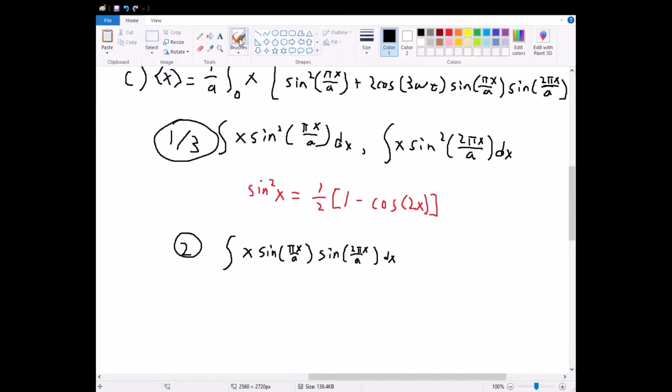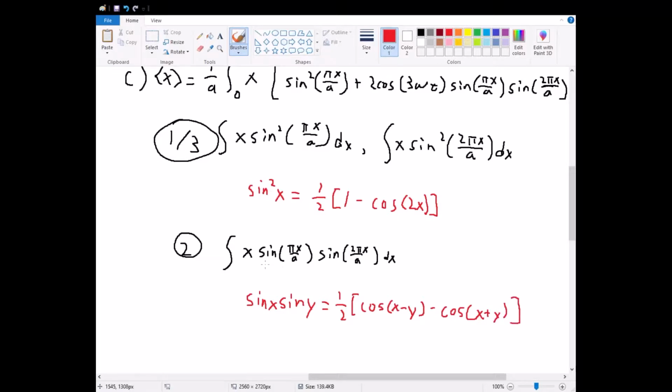To simplify this, we're going to use the product to sum trig identity, which states that whenever we have sine of one variable x times sine of another variable y, we can convert this into 1/2 times cosine of x minus y minus cosine of x plus y.